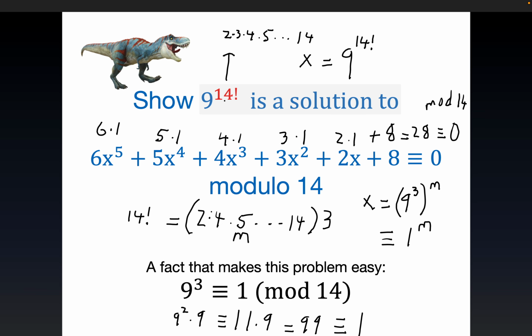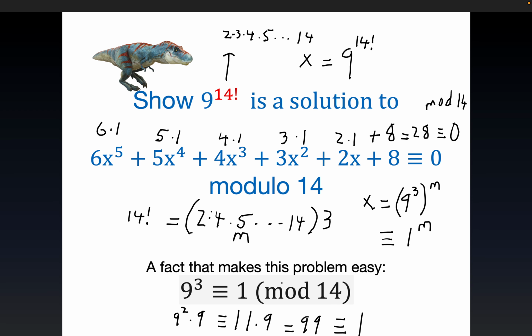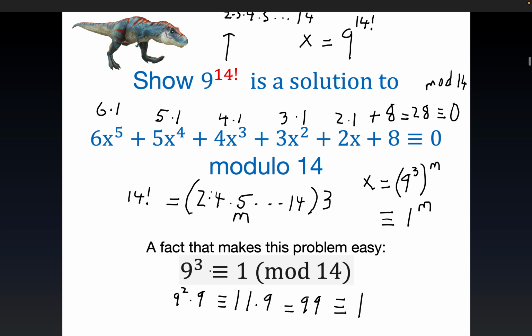So you could just say done without doing a computation at the beginning if you wanted to say theoretically this is true, because phi of 14 divides 14 factorial, since 9 and 14 are relatively prime. But this is just a more concrete way of doing it, showing you what's going on with this computation, then writing 14 factorial this way, and rewriting x like this as 9 cubed, which is known to be congruent to 1. And then essentially we're done with the problem.